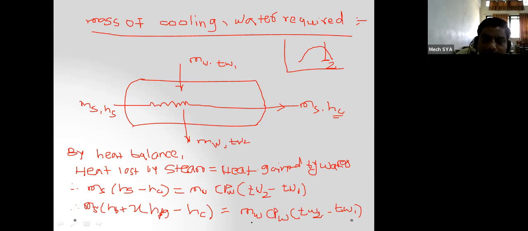So mw upon ms, if you want the cooling water quantity, is called the cooling ratio. Up till now understood? Please mention in the chat box or please reply. Anybody having objection, doubt, please reply.